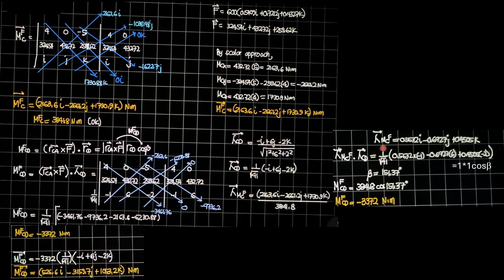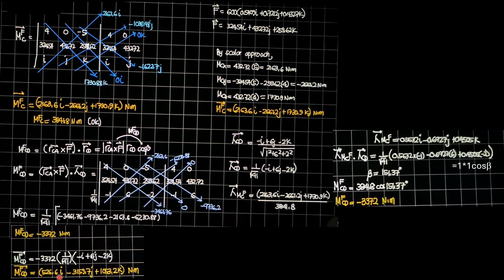Then finally, the unit vector of the moment of F about point C, because we're going to find the angle between this direction and the unit vector of CD, which is denoted beta. So it is lambda of moment about C, which is simply moment of F divided by this magnitude.